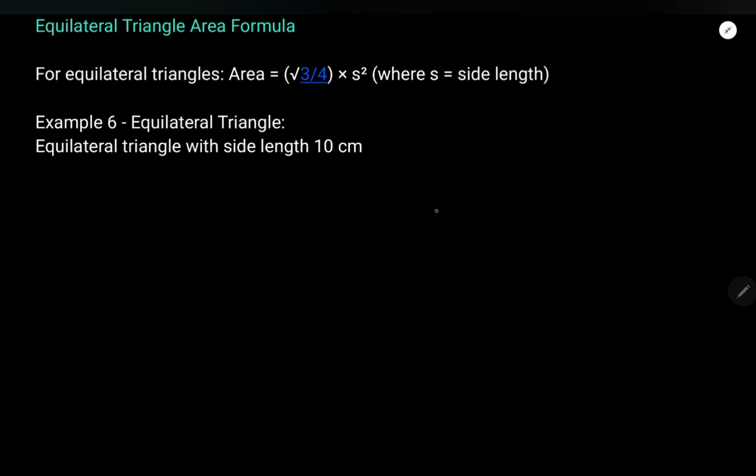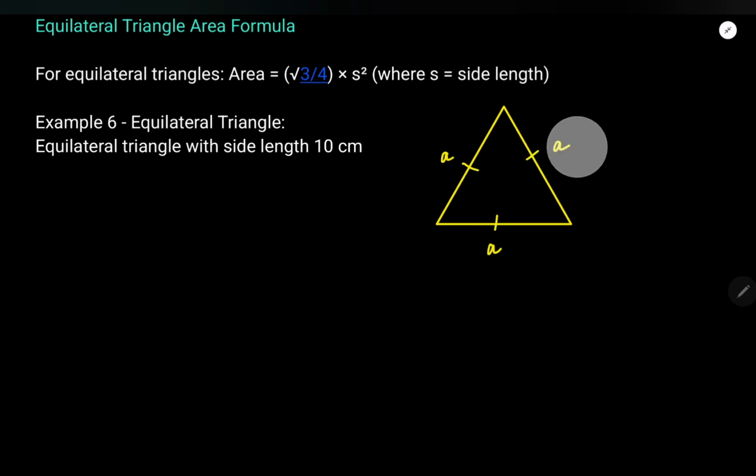Wait, let me draw it again. We have this kind of triangle when all sides are equal. A, A, A. Or we can write S, S, S. Then area is what? Area is under root 3 by 4 times S square. S square means side times side.